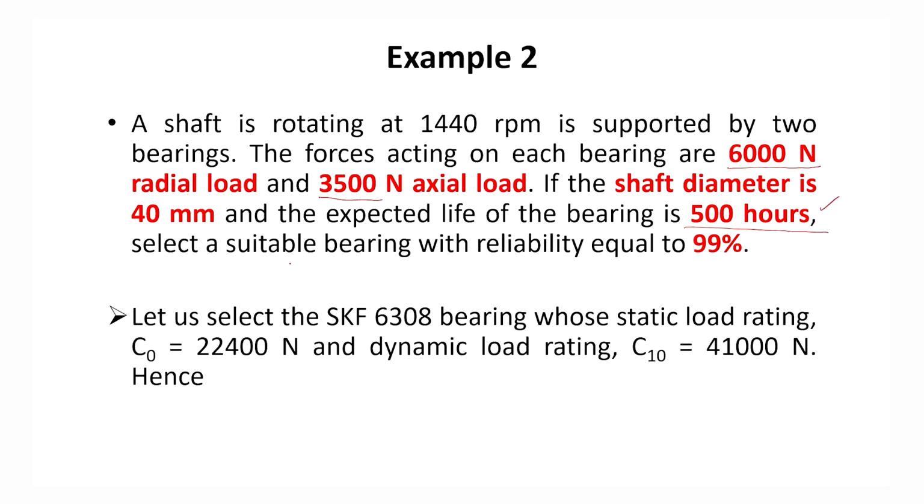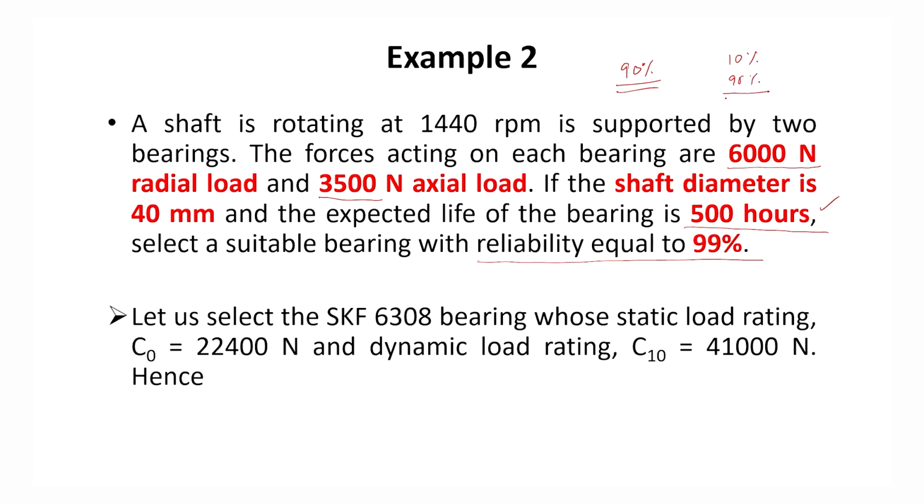But now the bearing reliability required is 99%. The rated reliability is 90%, because we have said that only 10% of the bearings have failed and 90% of the bearings are safe. And so, the reliability was 90%.